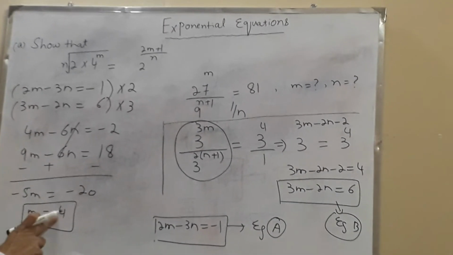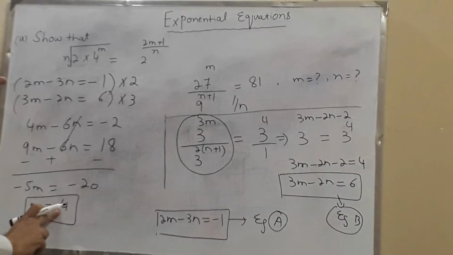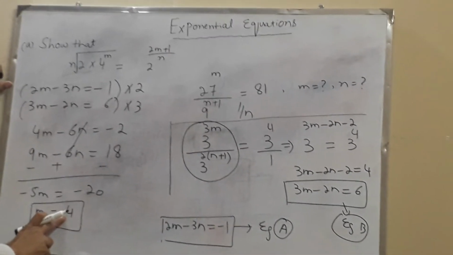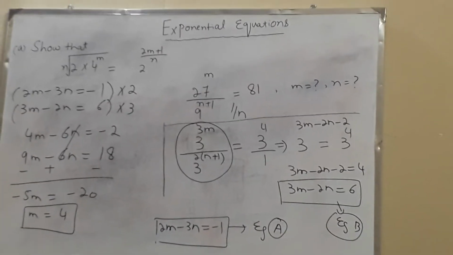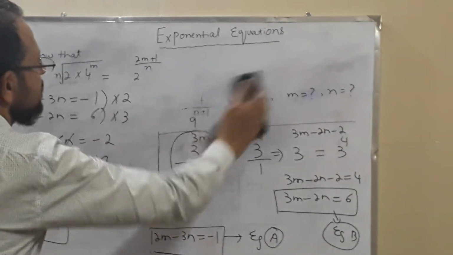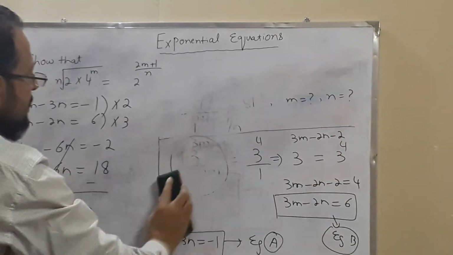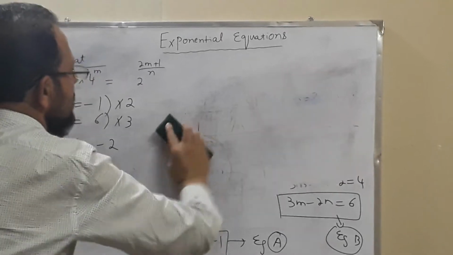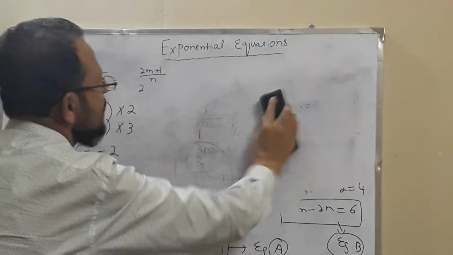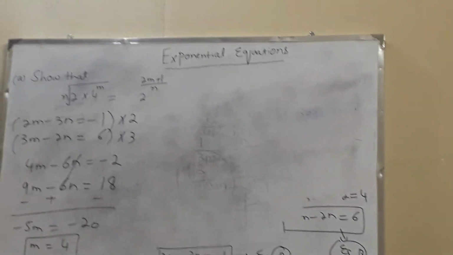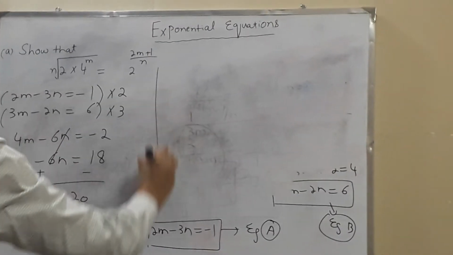Now we can use this value of m and put it in any one of these equations to get the value of n. So let's put this value over here. Okay, so let's use this equation.